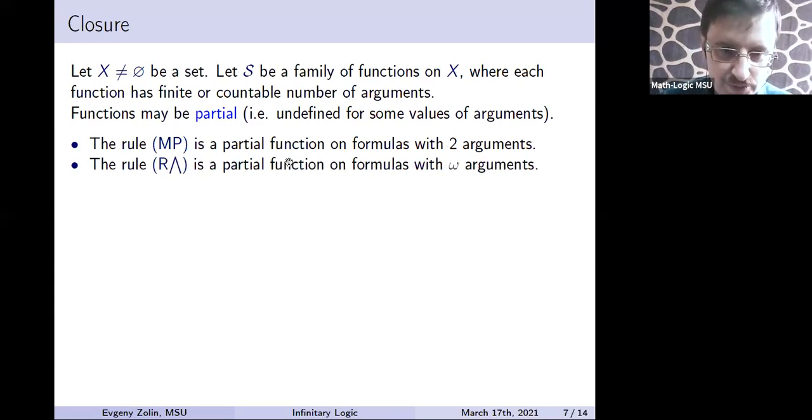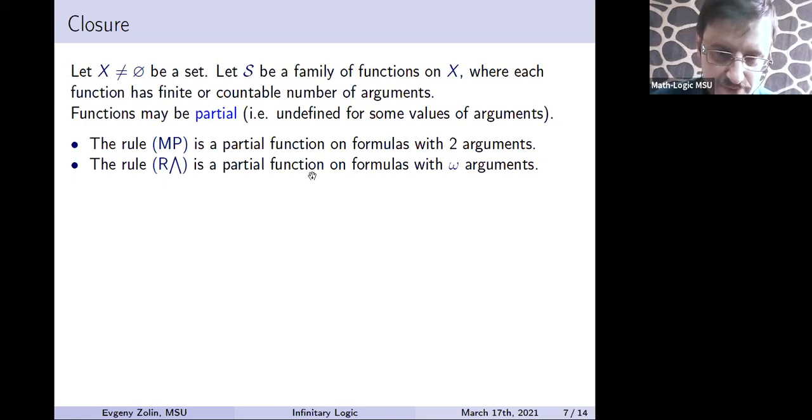Similarly, our rule of conjunction has omega arguments, and again, it is a partial function. It is only applicable to a set of formulas of the form A implies B, where B is any formula from some set phi, some countable set phi. And if all formulas are of this kind, we produce a formula A implies conjunction phi.